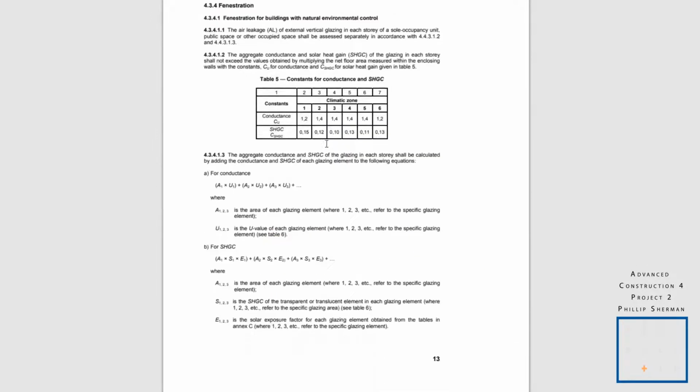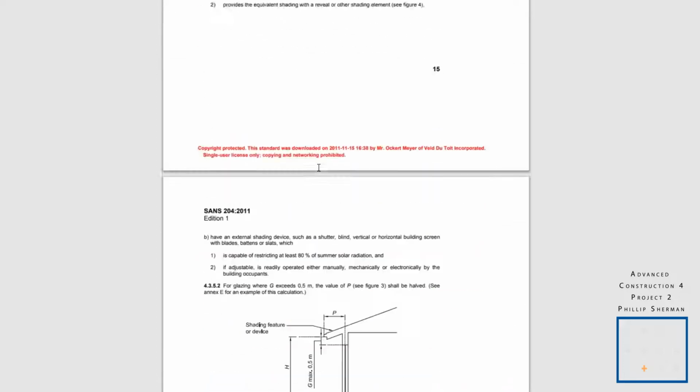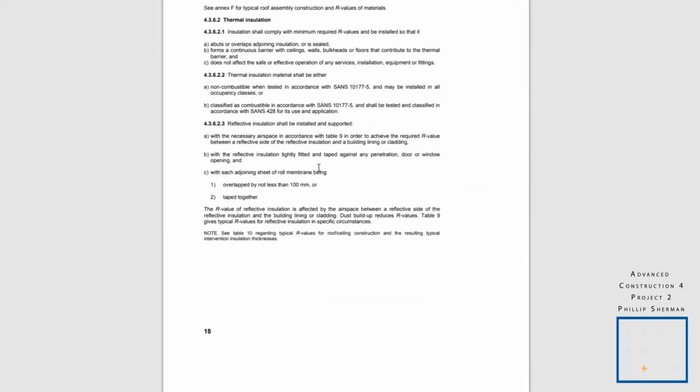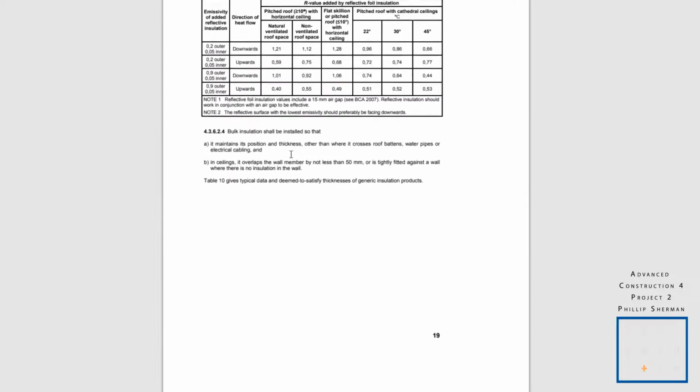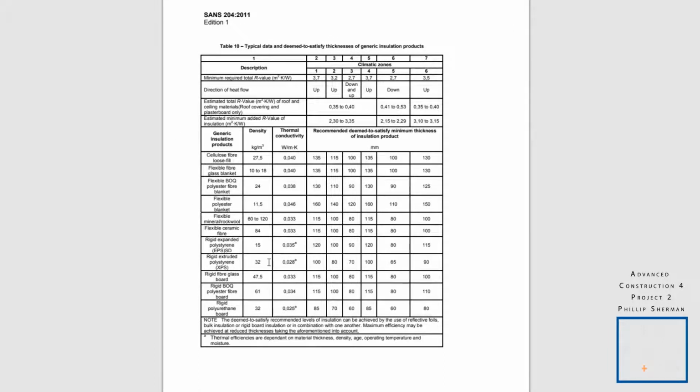If I had to give you a basic idea of insulation and type of insulation that can be used for resistance, let's go to here, for example. Okay, this is for a roof assembly.